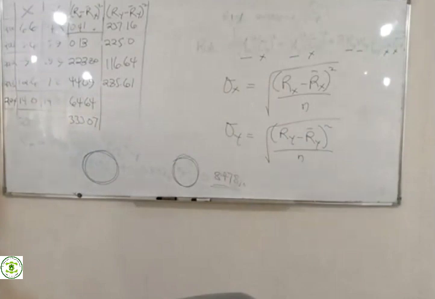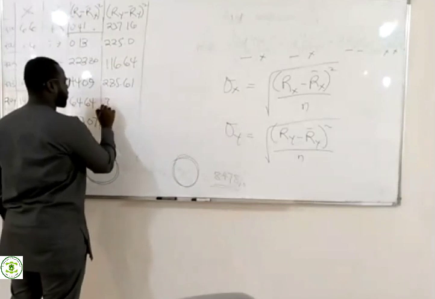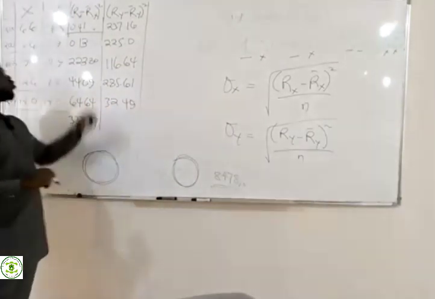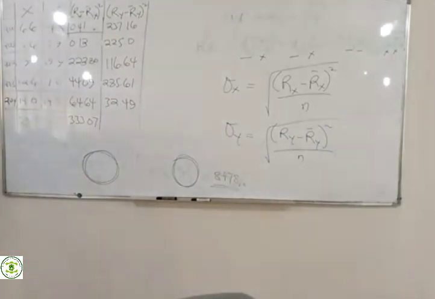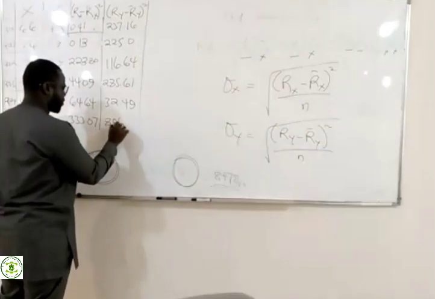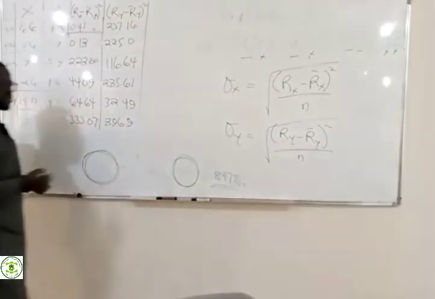The last one, 14.8 minus 9.1 raised to the power 2, 82.49. So the totals.